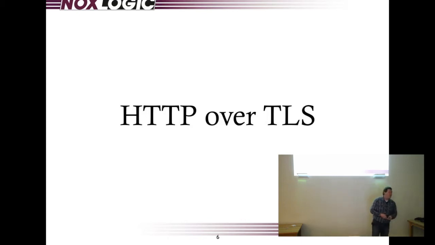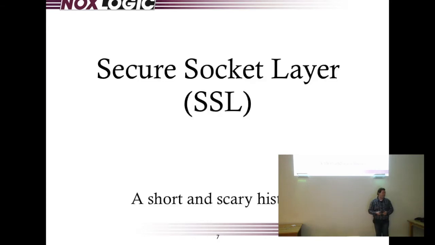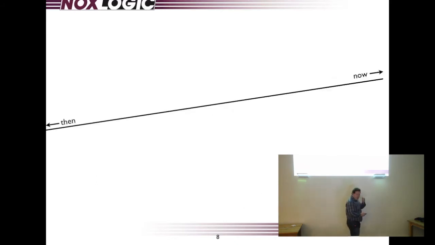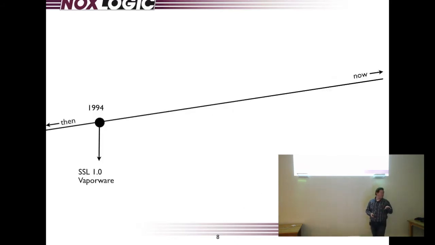Before I can explain what TLS is, I want to show you a really short and scary history about where it comes from, namely SSL. And I think you all heard the term SSL, right? Okay. A long, long, long time ago, maybe even before some people were born, 1994. Anyone younger than that?